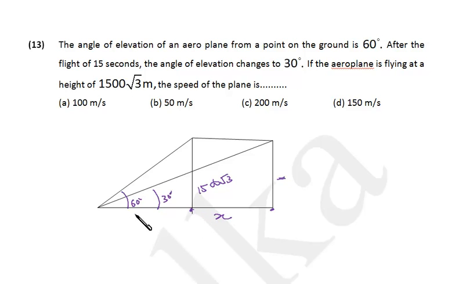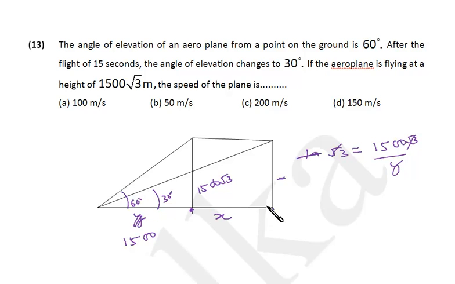I suppose this is x and this is y. Now if we consider this triangle, the relationship between base and perpendicular is given by tan theta. So tan 60 degree is root 3, that is perpendicular by base. So that is 1500 root 3 by y. That means y is 1500. That means this length is 1500.